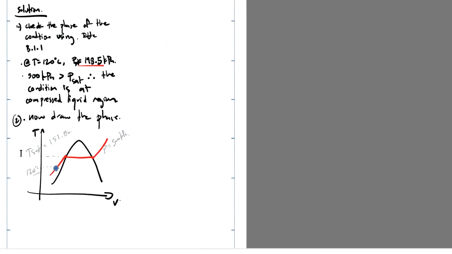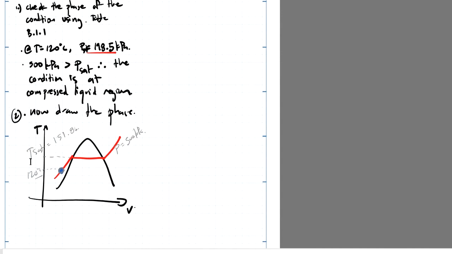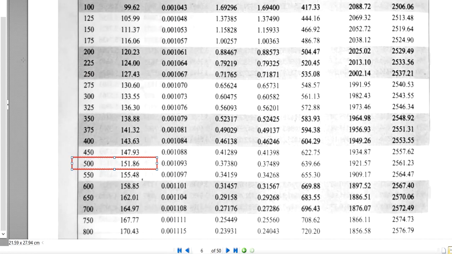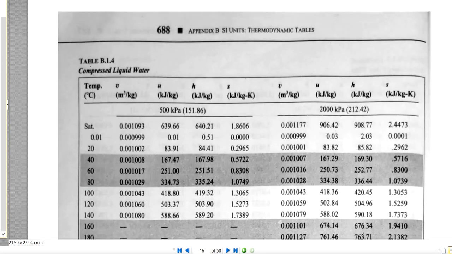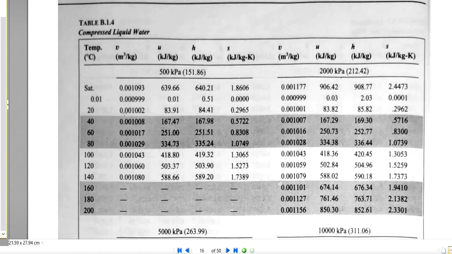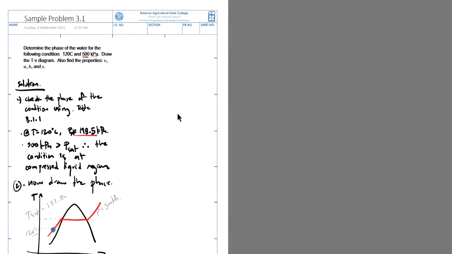Okay, so next, now that we know that we are in the compressed liquid region, we can now go to table B.1.4 for the compressed liquid, since this is available already. Let's write here compressed liquid.